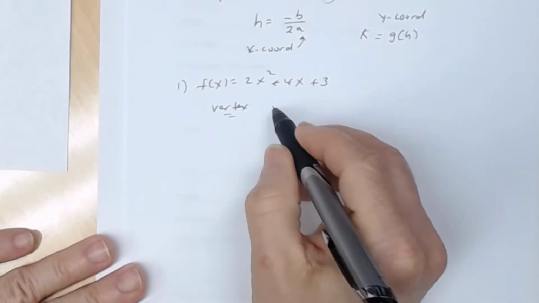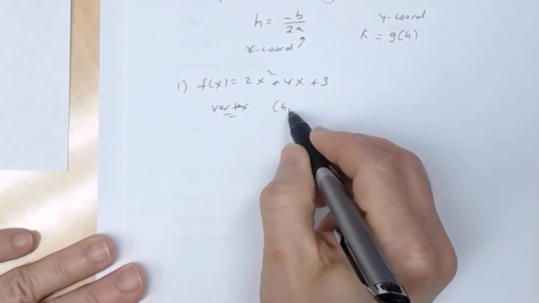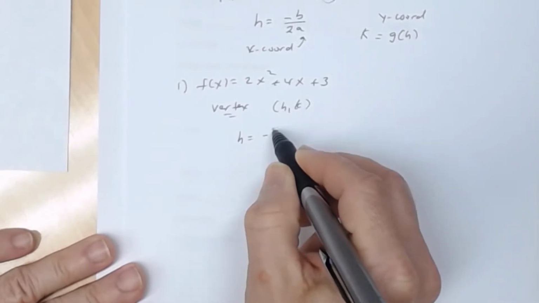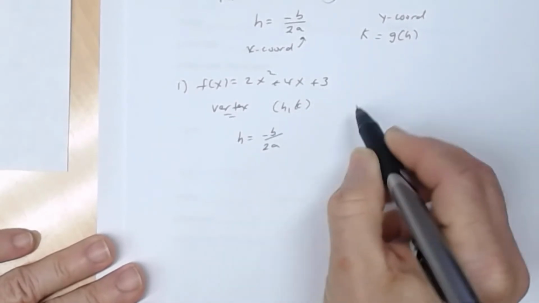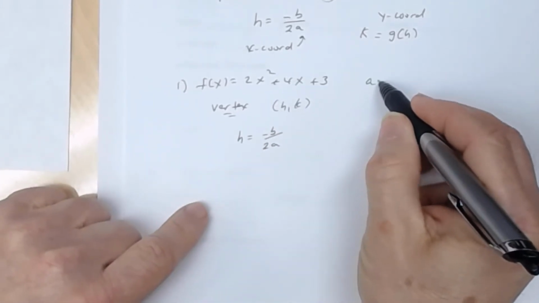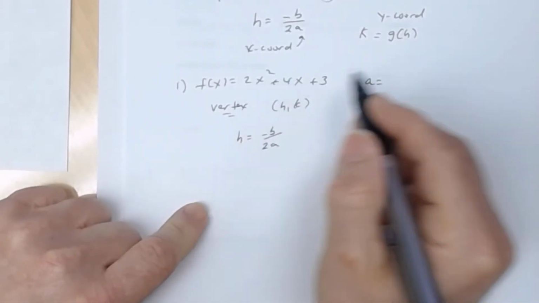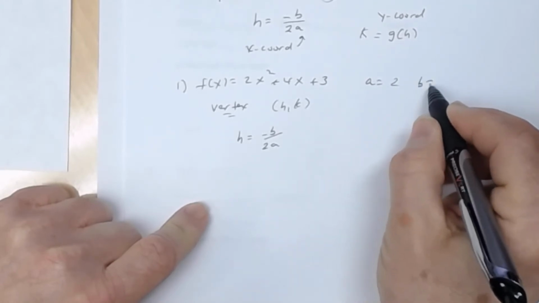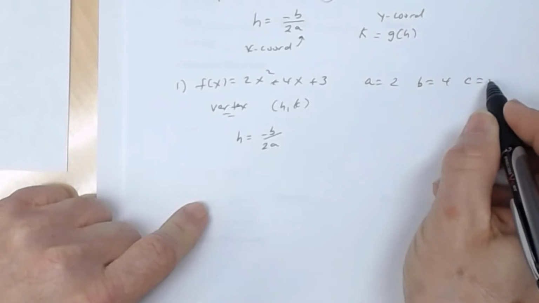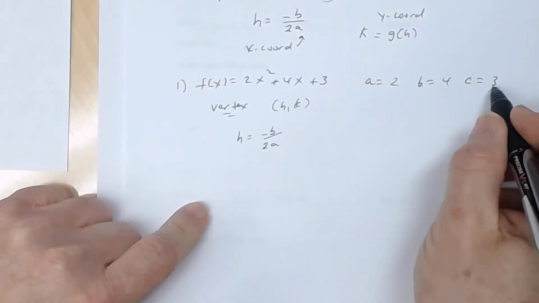The vertex is (h, k), and to find h, I say the opposite of b divided by 2a. It helps to denote what a, b, and c are. a is the coefficient of x squared, so that's 2. b is the coefficient of x, so that's 4. And c is the constant, a positive 3.